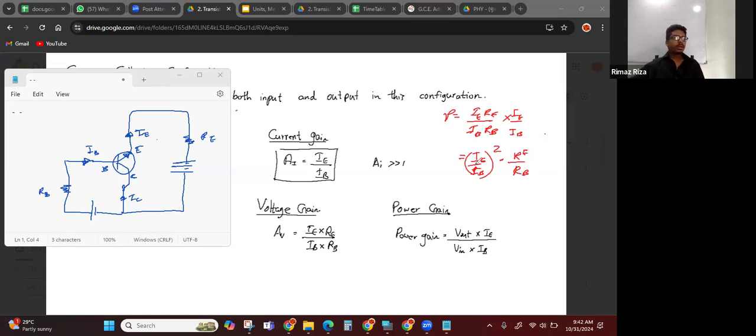So in this common collector also we can get a large power gain.